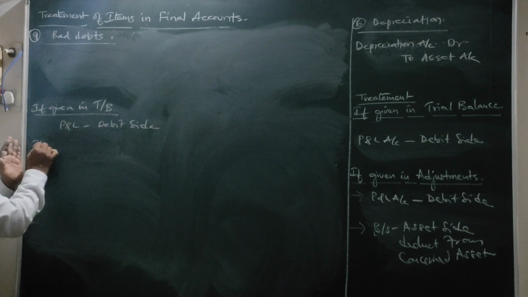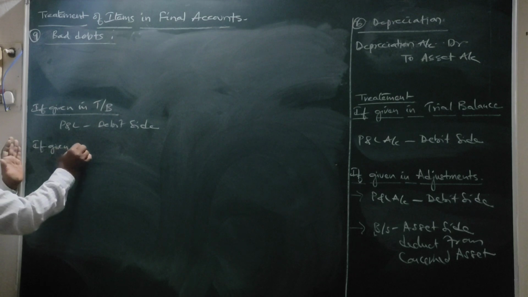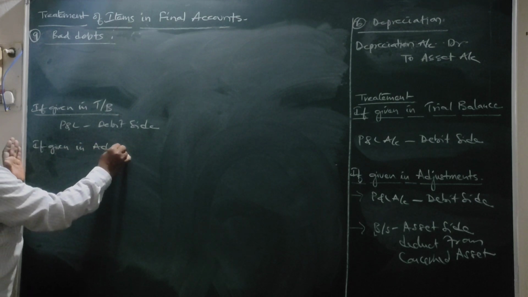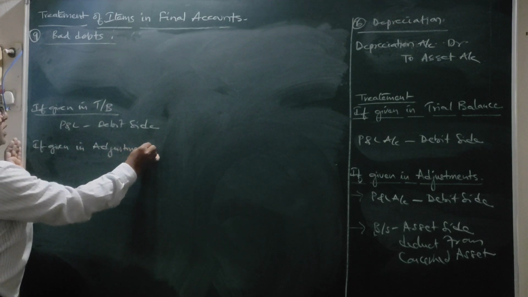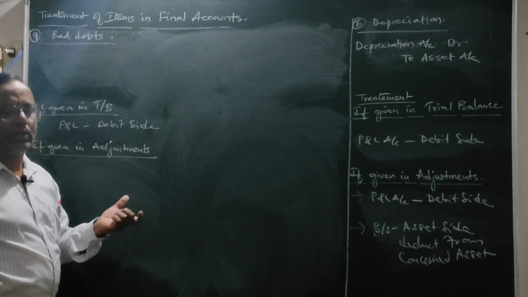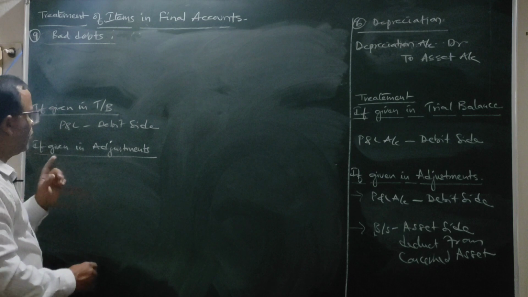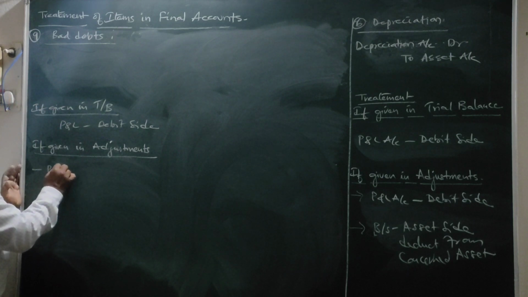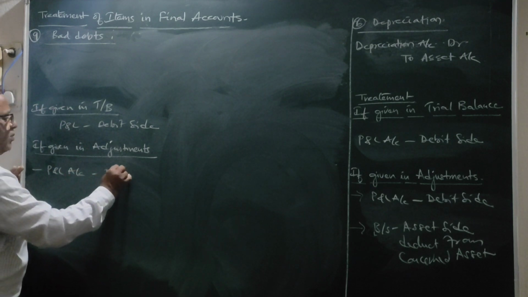See, if given in adjustments, when he has given in adjustments, what happens here? Twofold effect we should show. One, profit and loss account, debit side, being a loss.